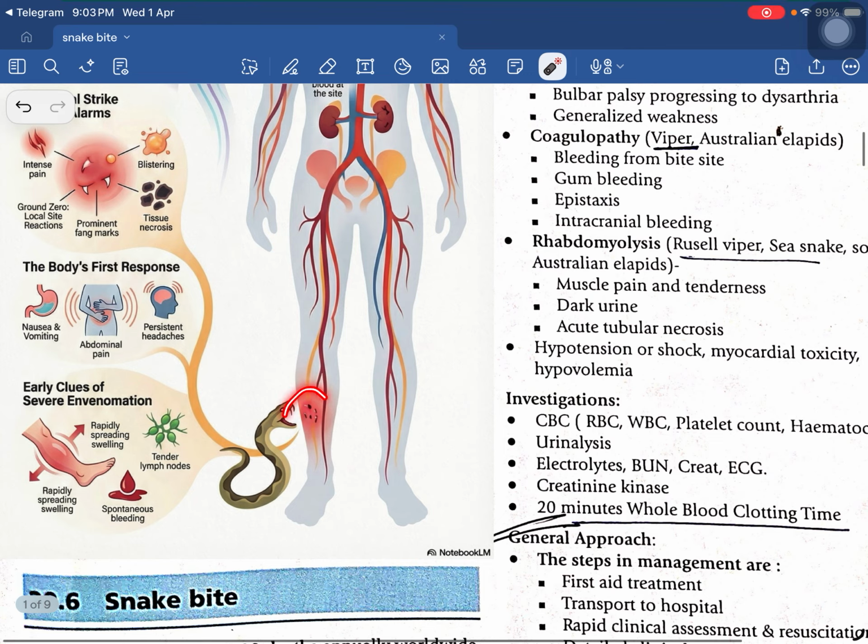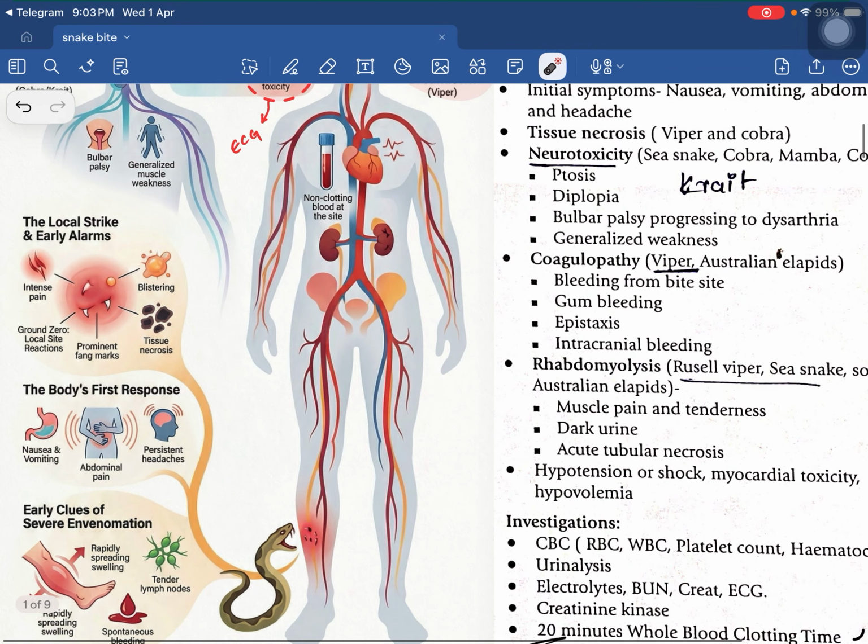First, after the bite, the body's first response is nausea, vomiting, abdominal pain and persistent headache. There can be intense pain at the bite site, blistering, tissue necrosis, prominent fang marks, that is, local site reaction can occur.